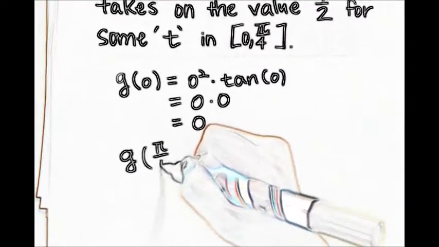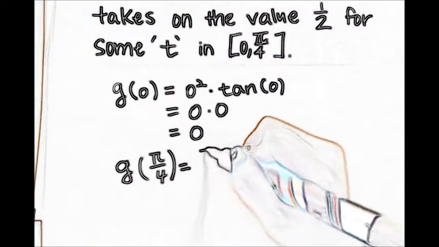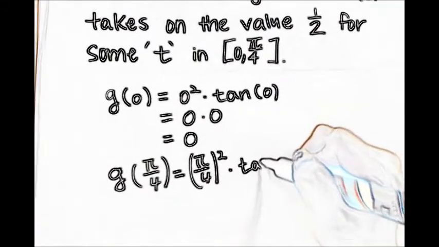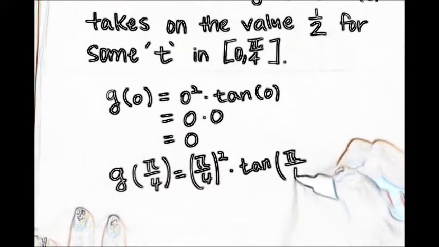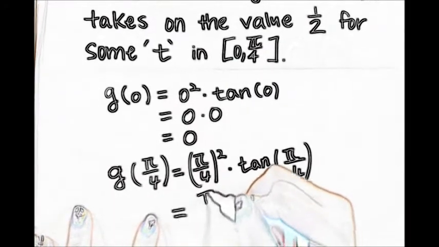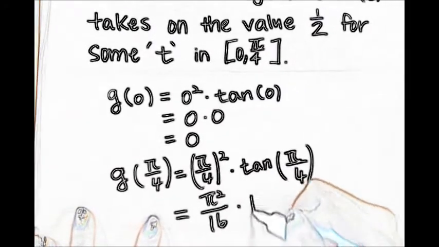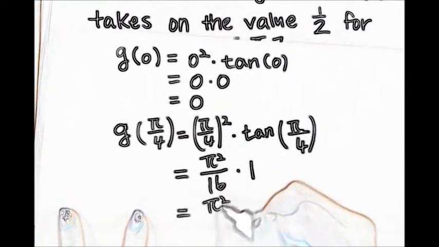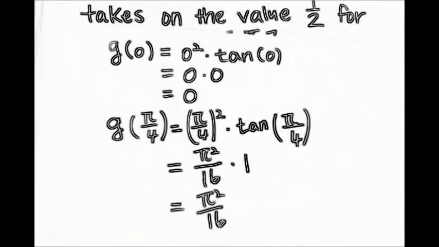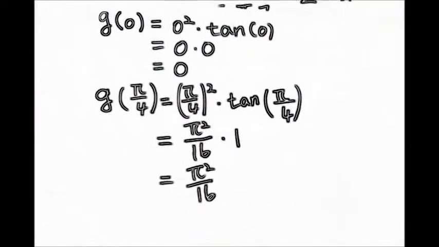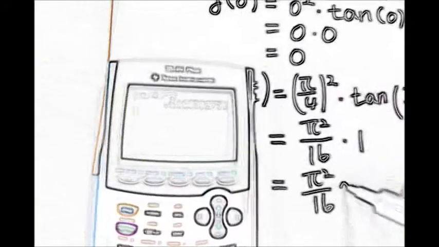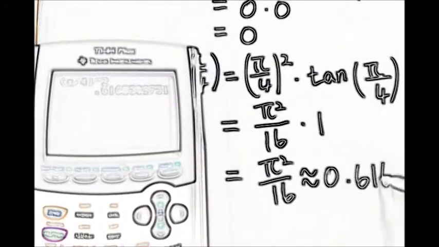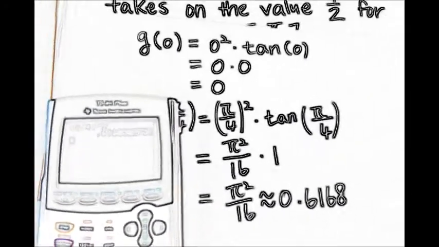g of pi over 4 equals this. So we can approximate pi squared over 16 with a calculator, which comes out as approximately 0.6168.